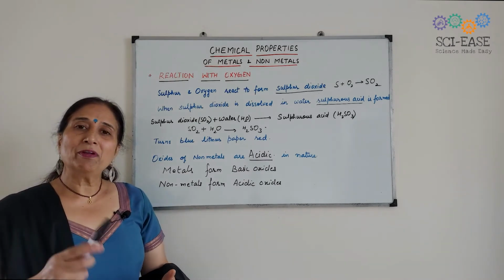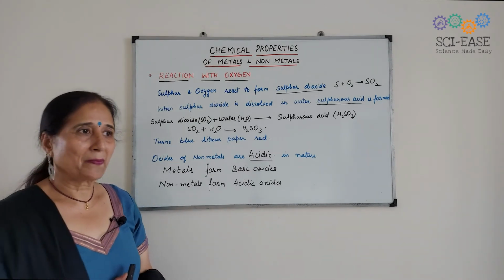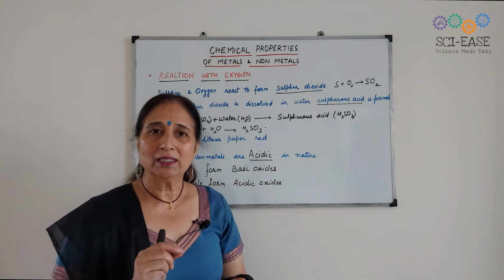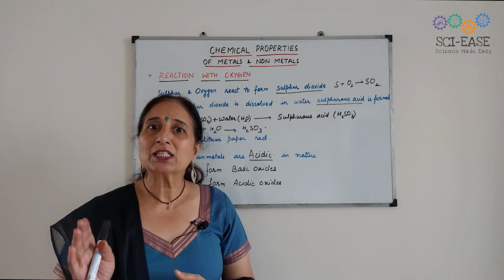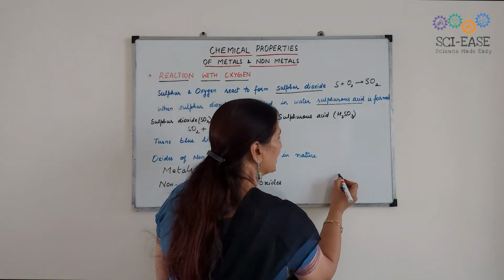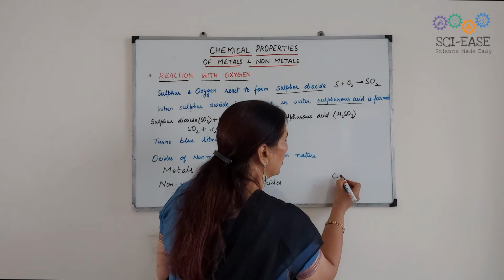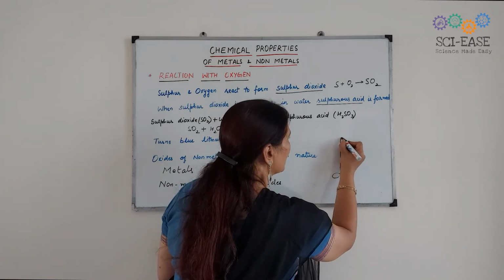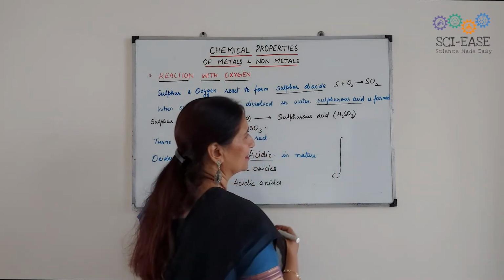Now, we will perform one activity. We will take sulfur powder in a deflagrating spoon. That spoon is in the lab. The spoon is like this. This is the lower part of the spoon, and then this, it is like this.